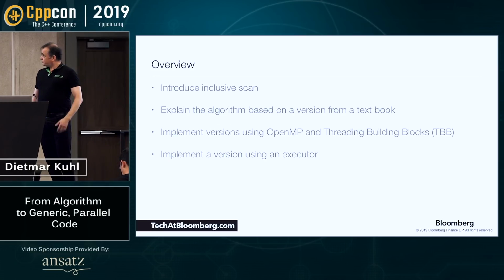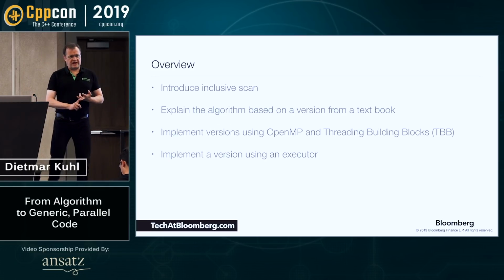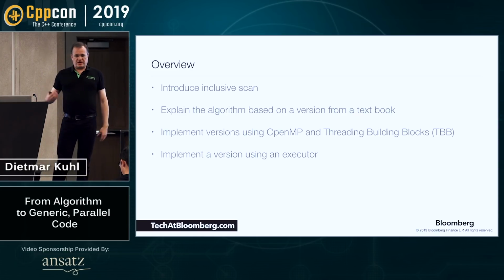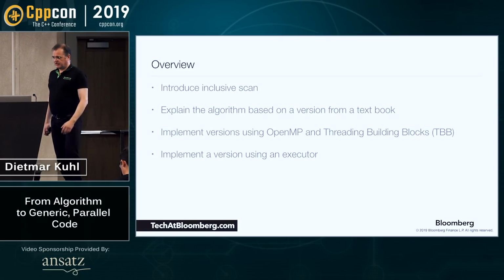Okay, so what I'm going to talk about is actually a relatively straightforward parallel algorithm, not super straightforward. I'm not just talking about something like reduce, which is massively parallel, but rather inclusive scan, which is not as obviously concurrent, but it's actually one of the important building blocks of other parallel algorithms.